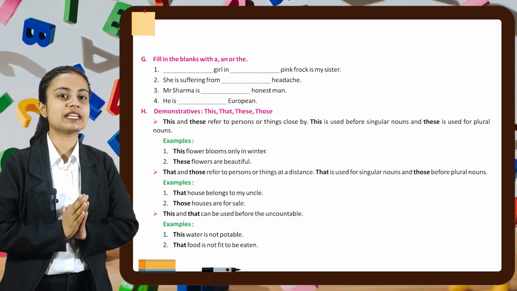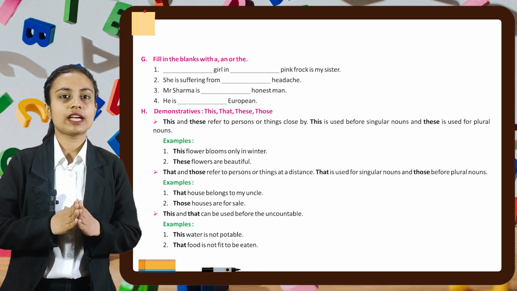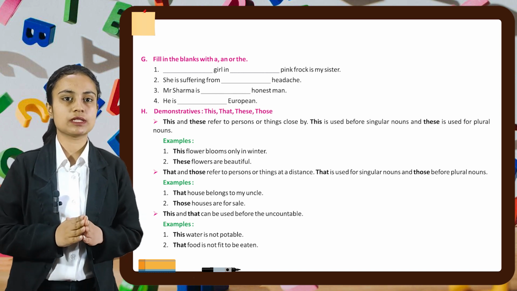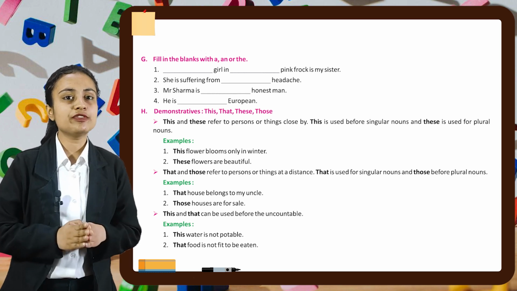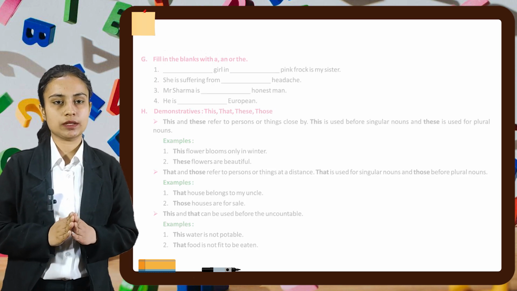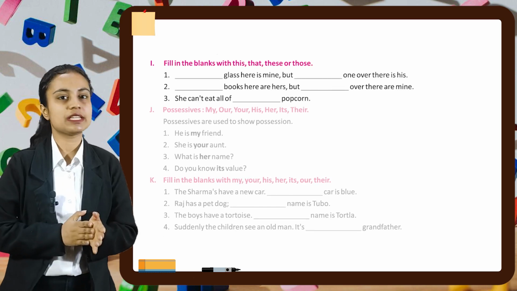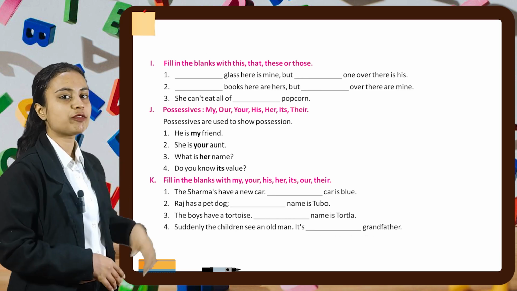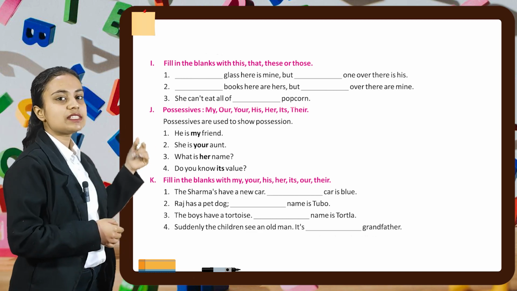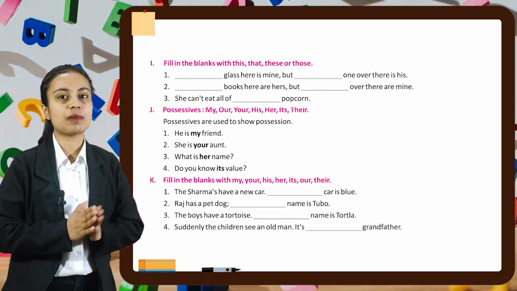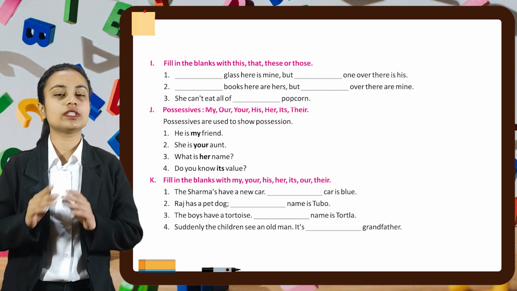Now next point says this and that can be used before uncountables. For example, this water is not potable. That food is not fit to be eaten. Now related to these concepts, let's do some questions. Here we have to fill in the blanks with this, that, these or those. First part is dash glass here is mine, but dash one over there is his.